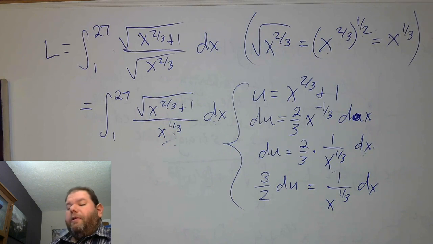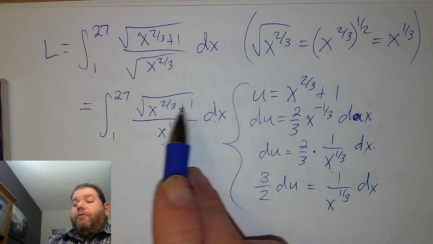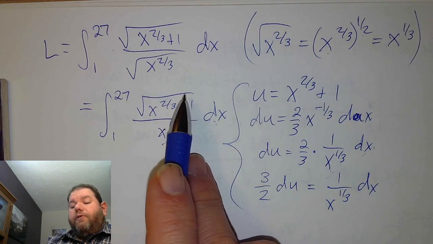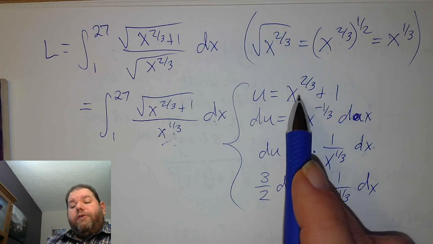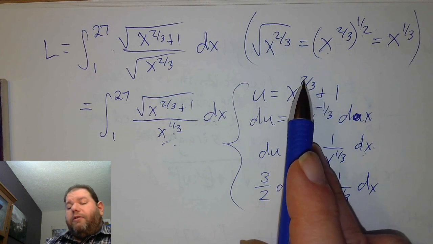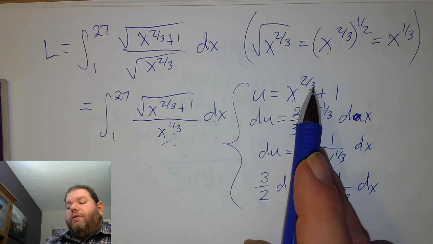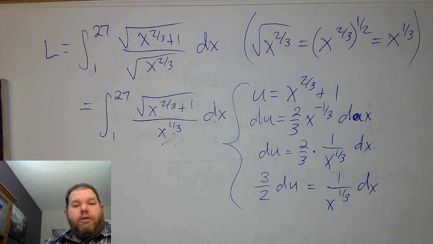Okay, so this will be a u under the square root still. The square root's not gone. We only substituted for what was inside. We did not include the outer square root here. If we did, it wouldn't work because we would no longer have the proper derivative.